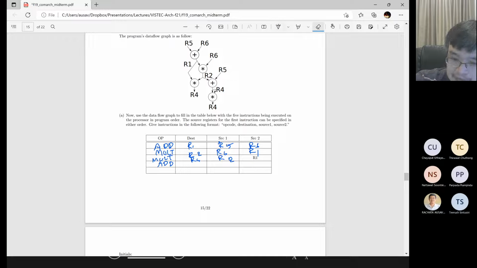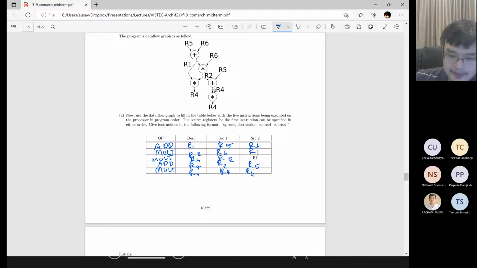Trying to read the text, it's too small. R2 and then R5, and you get R4 as a result, which goes into the multiply. And you multiply R4 and R4 together, write the result back into R4. So basically, that's the answer to the first part of the question.